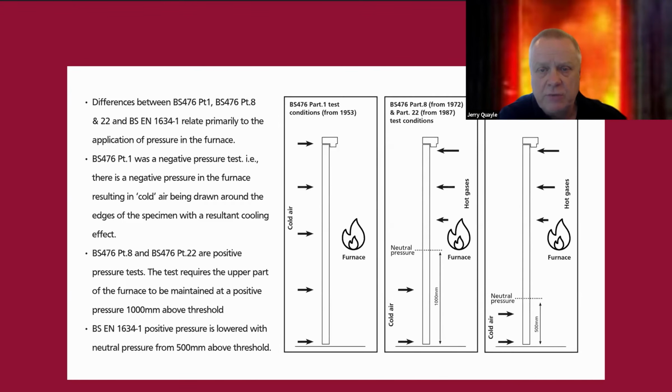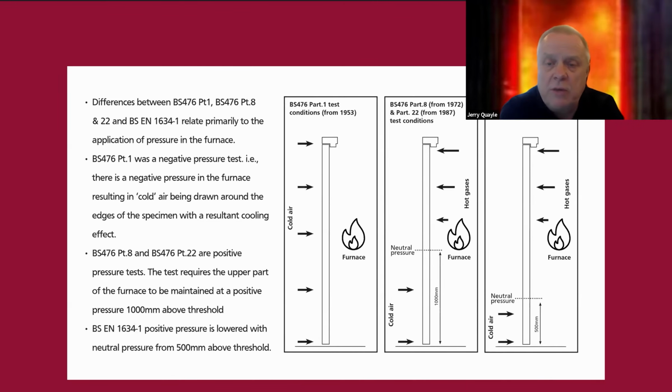And as you can see from this slide, the idea was that as there was no chimney, everything was being forced against the door in terms of hot gases. However, they recognized the fact that air would be drawn underneath the door to feed the fire in this closed scenario. And bearing in mind, these tests are carried out on a 3x3 furnace, which is about a meter or so deep.